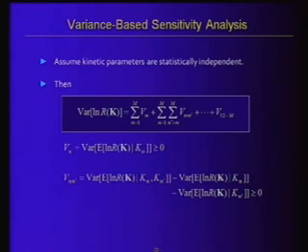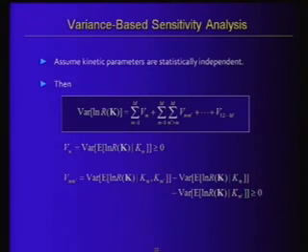Now if you do that, whatever is left depends on the kinetic parameter of the mth reaction, which also varies randomly. So you take the variance of the result. And similar expressions here.